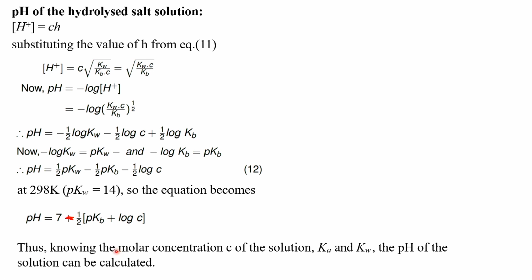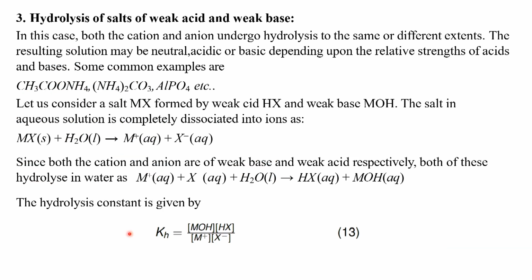Thus, knowing the molar concentration C of the solution, Ka and Kw, the pH of the solution can be calculated like before. Next we discuss hydrolysis of salts of weak acid and weak base. In this case, both the cation and anion undergo hydrolysis to the same or different extents.